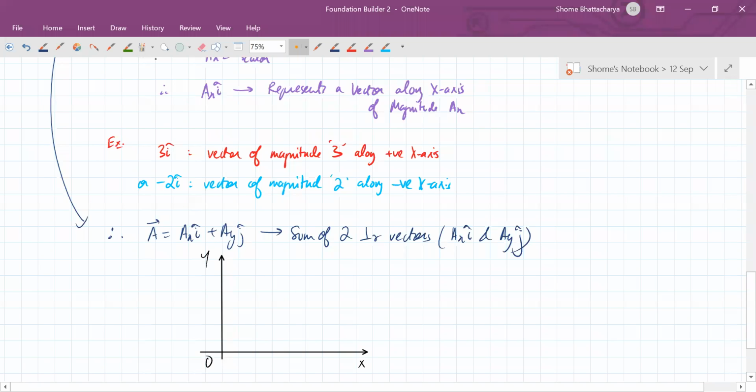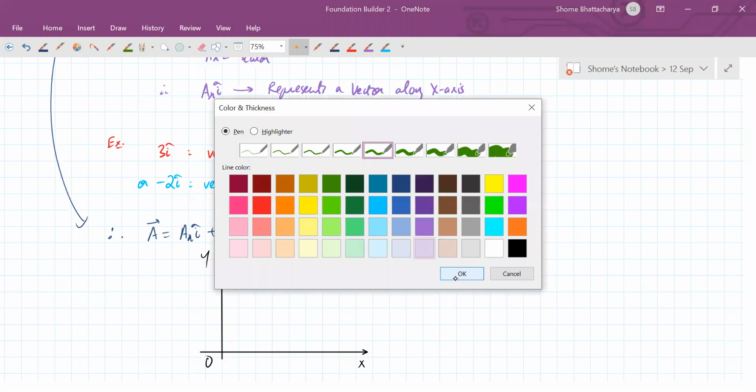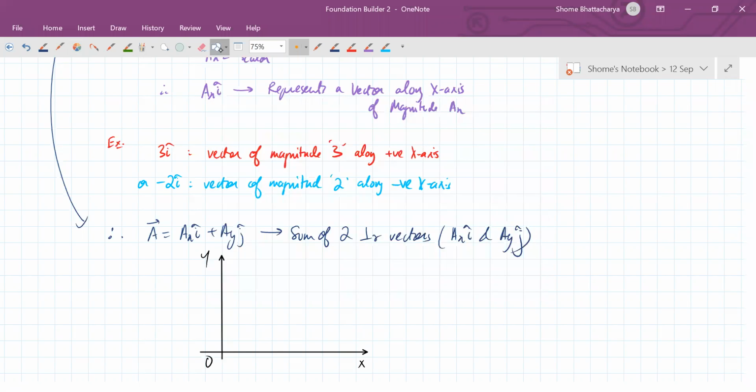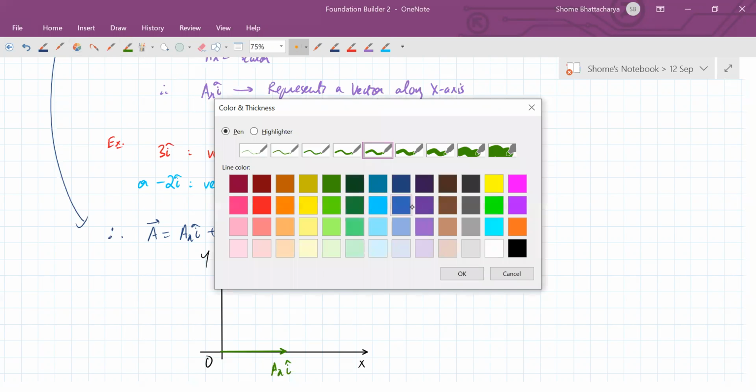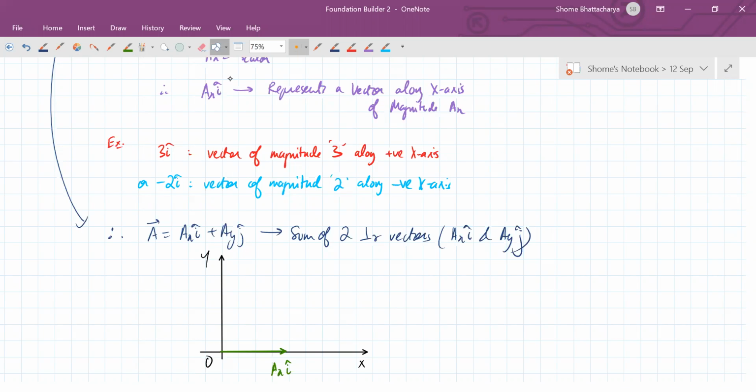So in my xy plane now, suppose this is the vector Ax I cap, okay, and similarly on this we have now added Ay j cap, so that's a vector like this.